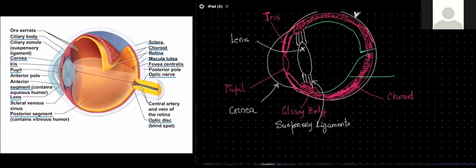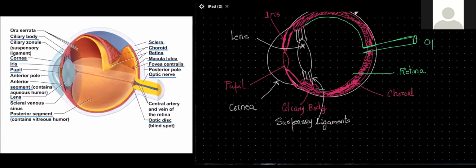The retina is the nervous layer that will be responsible to detect the light and transform this light into electrical impulses that will be conducted to the brain through cranial nerve number 2, which is my optic nerve. Again, the inside here is my retina.